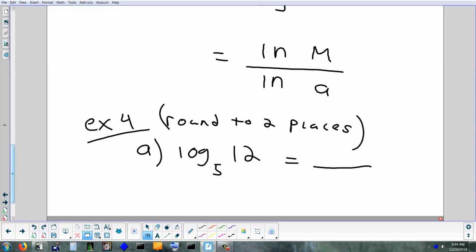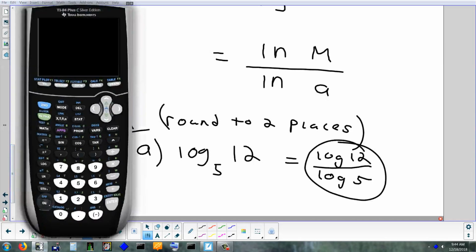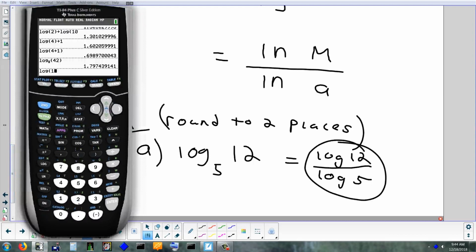Log of 12, yep. And what would go in the bottom? Log of 5. And once we type it in, that's the answer. So log of 12 divided by log of 5. So it's about 1.54.